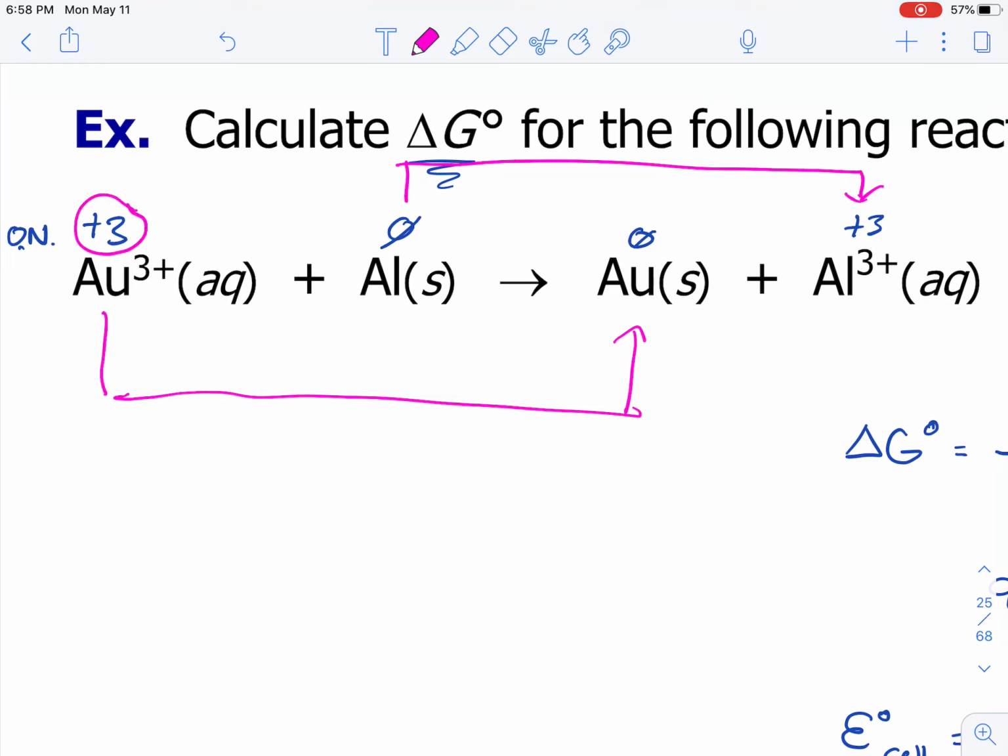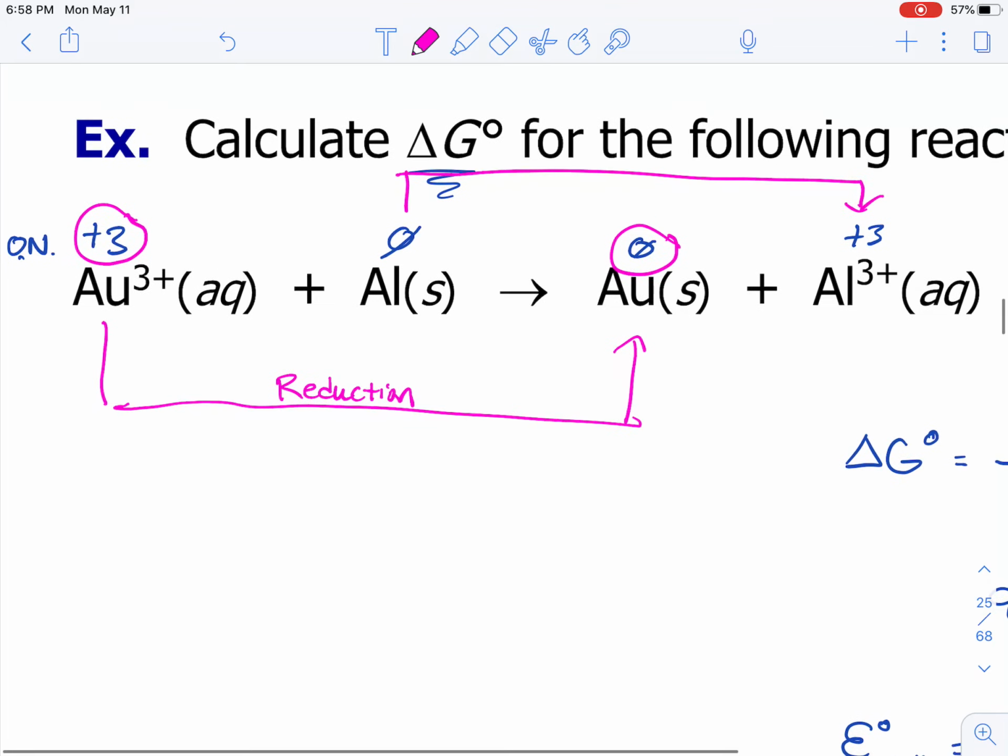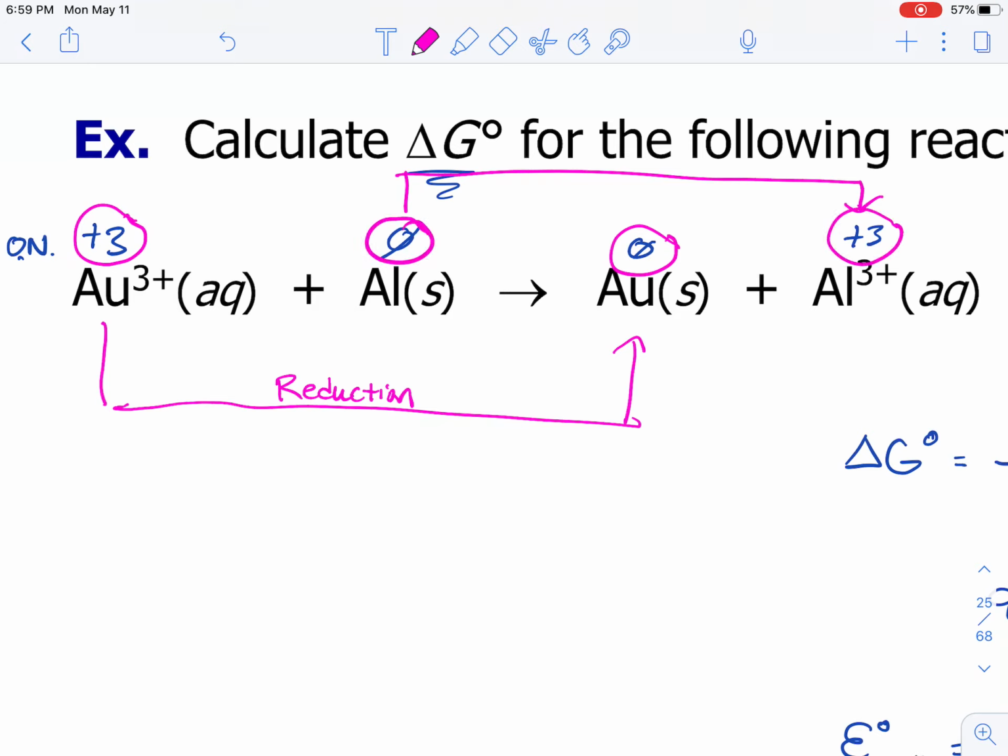So notice that my oxidation number for gold before the reaction is +3. Oxidation number after the reaction is 0. So that lets me know that reduction has occurred. In other words, gold 3 plus gained X amount of electrons. So overall, reduction is going to occur. So let's take a look at aluminum. Before the reaction, oxidation number is 0. After the reaction, the value went up. And so that's going to represent oxidation.